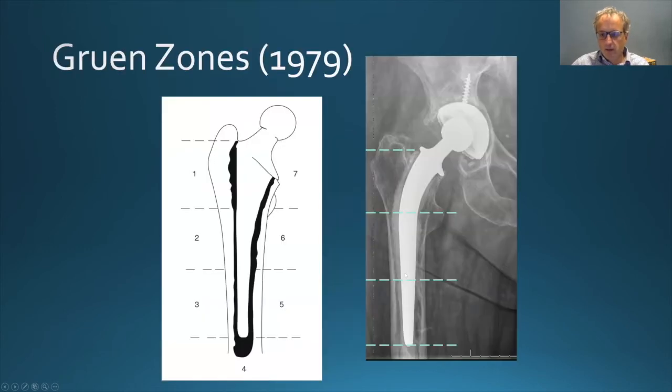And then you can describe: in zone 1, I've got a radiolucent line here, and also in zone 5, I've got abnormal bone there, and I can see a gap between the implant and there's a line there. Is that relevant or not? Don't know, but at least I can describe that there are changes in zone 1 and zone 5.